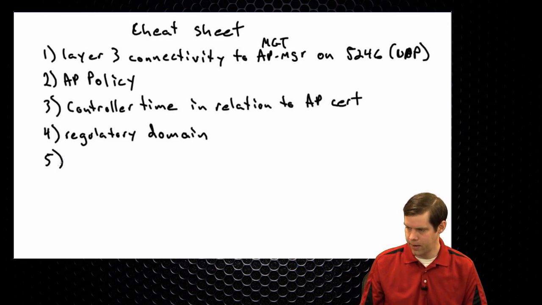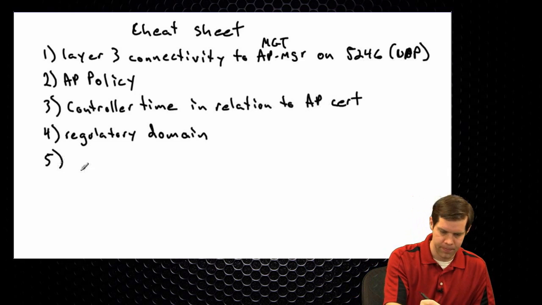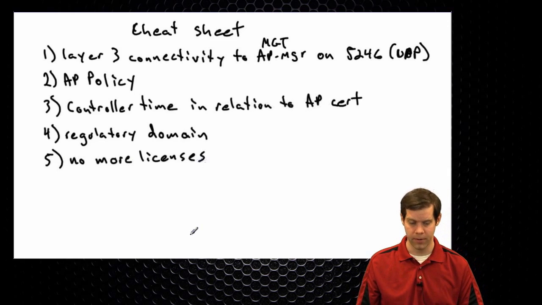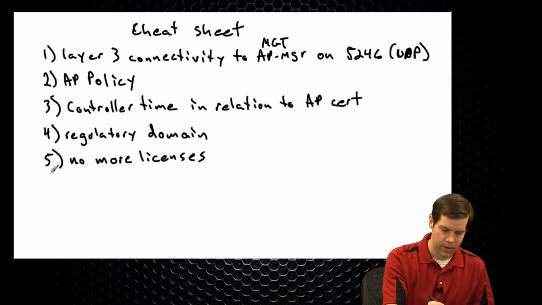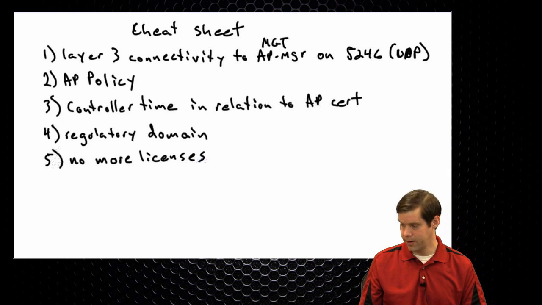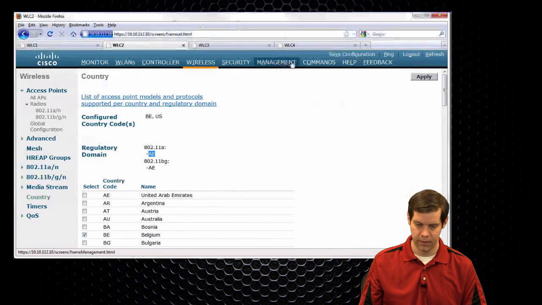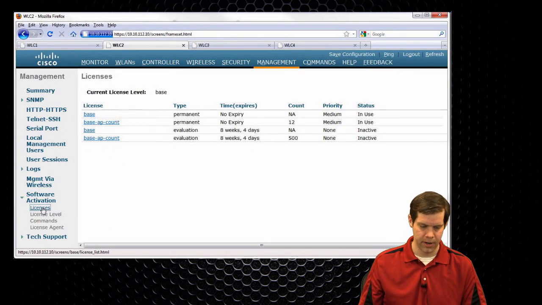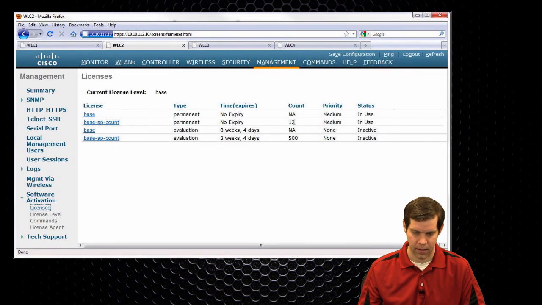Number 5, no more licenses. So you just don't have enough licenses to support new access points. That's pretty easy to check. Just look at your license usage in the management, software activation licenses.